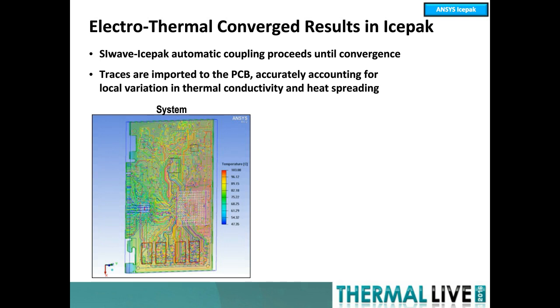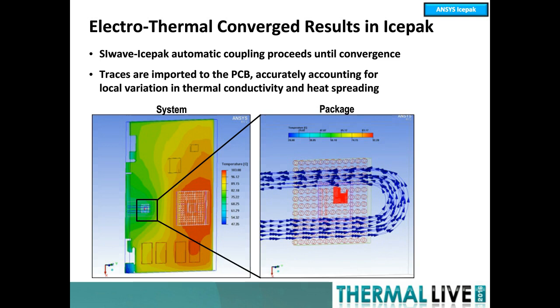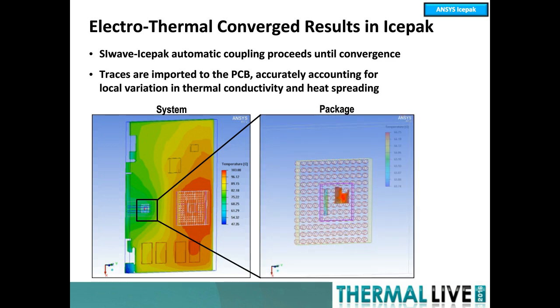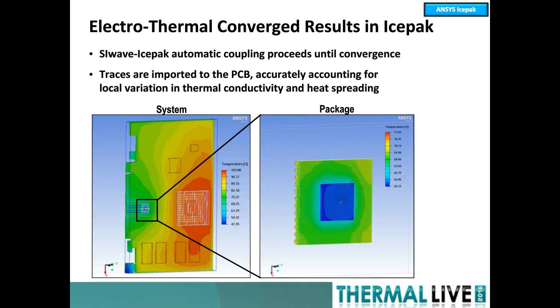The converged temperature results on the board are shown here. And if we zoom in on the package under the cold plate, we can see the particle traces, the temperature on the chip, the temperature on the package surface. And again, as was the case for the printed circuit board, traces were also imported into the package. And again, this accurately accounts for local variations in properties.